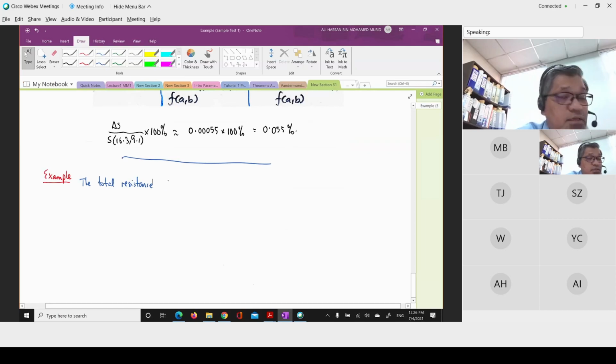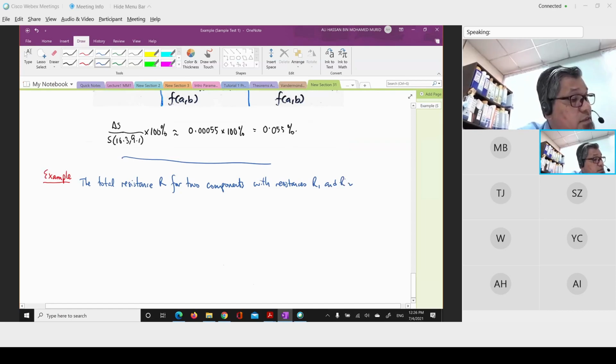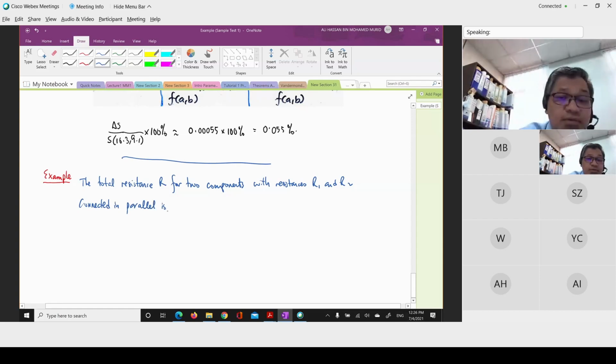The total resistance R for two components with resistances R1 and R2 connected in parallel is given by 1 over R equal to 1 over R1 plus 1 over R2, isn't it? Yeah.